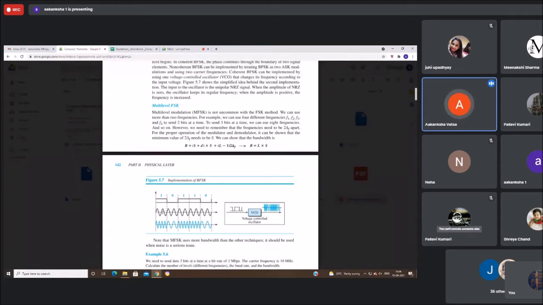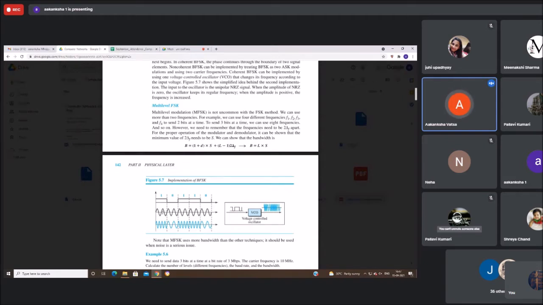This is coherent BFSK, because where my first bit was ending, or where the first cycle of my frequency was ending, the analog signal was ending, there only the next bit and the next signal would pick up in the same phase. So there is no phase change, there is no angle change, and there is no discontinuity in the signal.